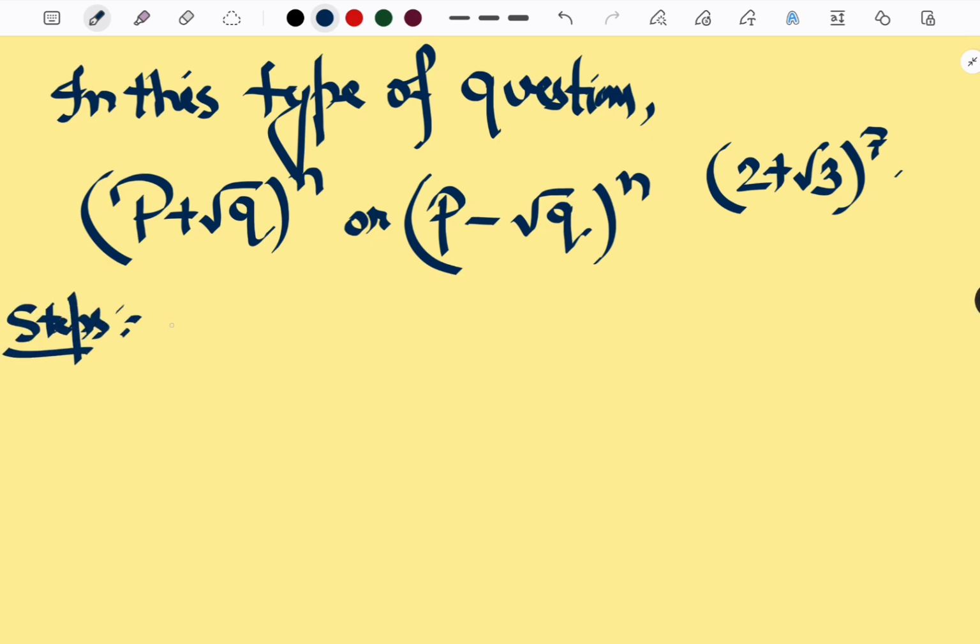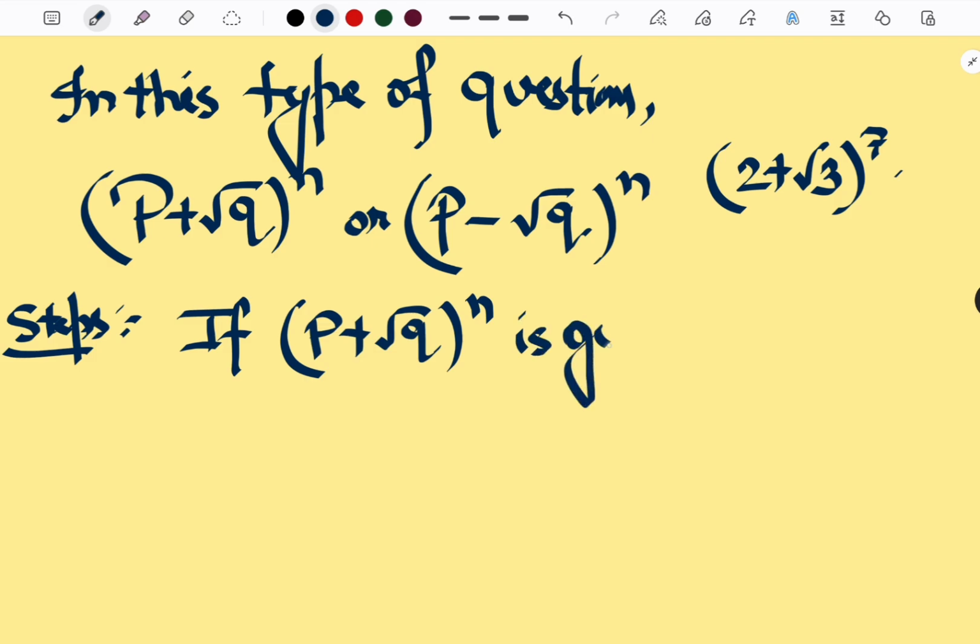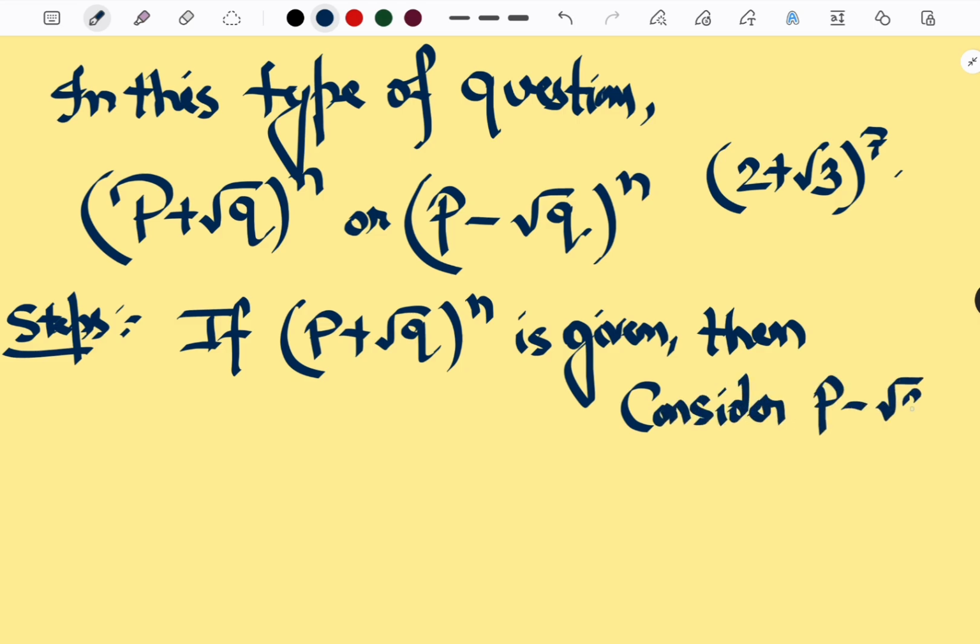First, if (p + √q)^n is given, then consider (p − √q)^n as something, let's say some value.